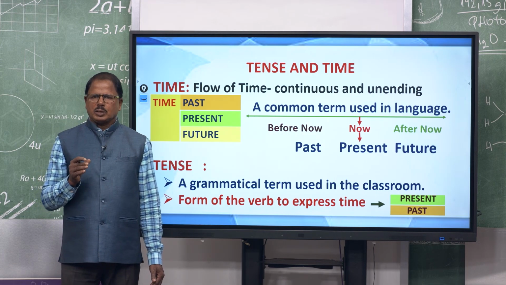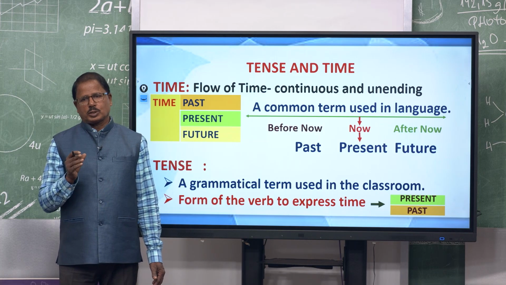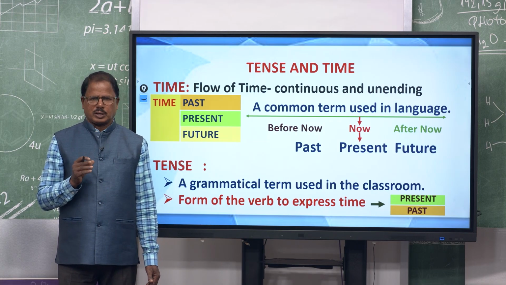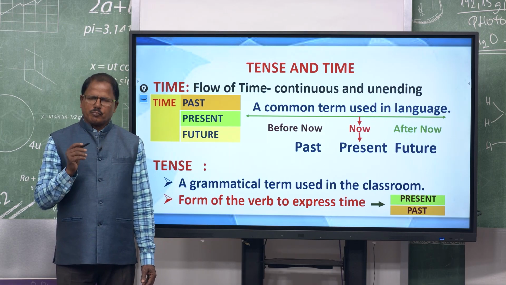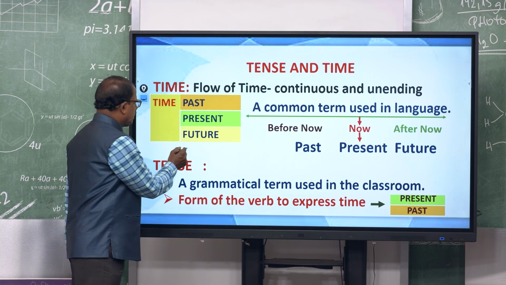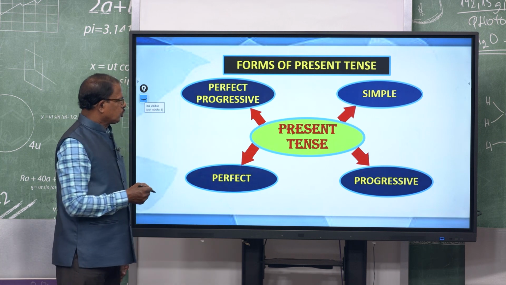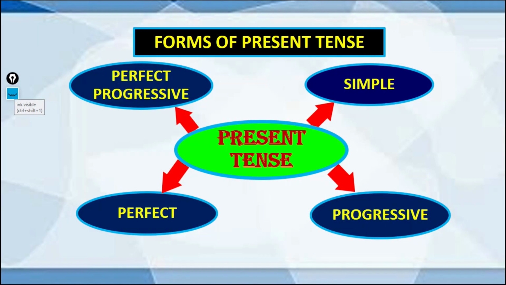But in grammar we have 2 tenses, present and past tense. We use these 2 tenses to talk about present time, past time and future time, right. We have already discussed all these things. So, you just see present tense. As you know, we have 4 forms: present simple, present progressive, present perfect and present perfect progressive, right.